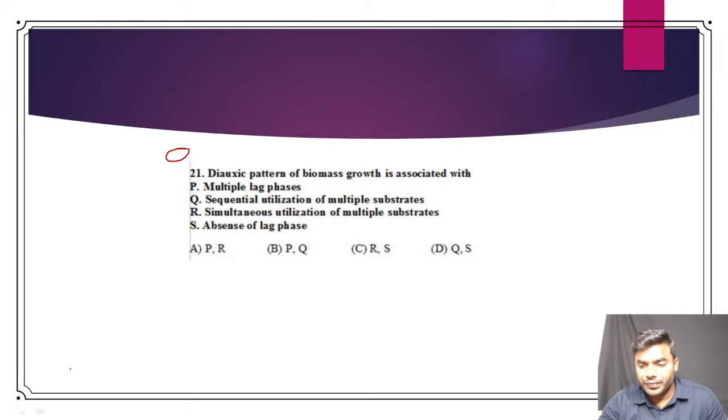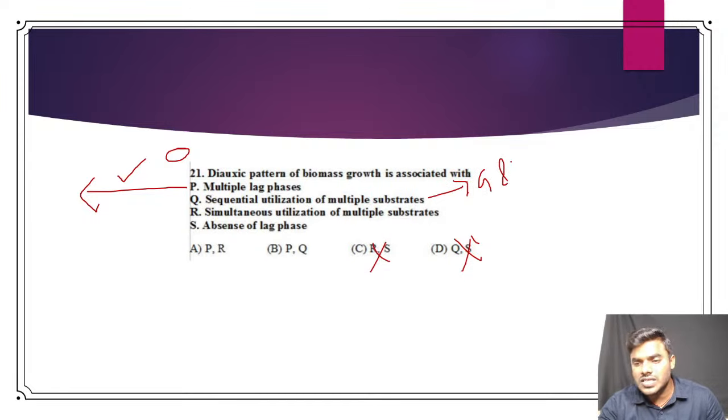The question says that the diauxic pattern of biomass growth is associated with it. So we know that in the diauxic growth curve there are multiple lag phases. So P is right, and you can eliminate these two options. And sequential utilization of the multiple substrates, correct? First bacteria use the glucose.